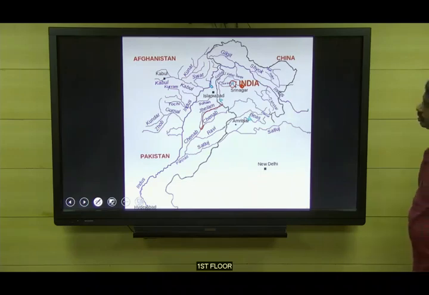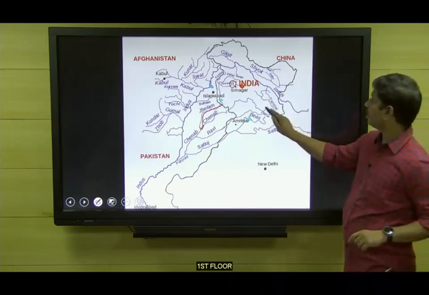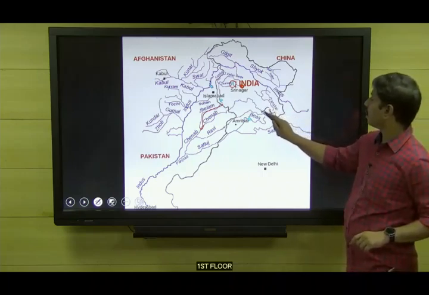Then coming to the Chenab. Chenab is the largest tributary of the Indus. It originates as two rivers, Chandra and Bhaga. You can see here, Chandra and Bhaga.